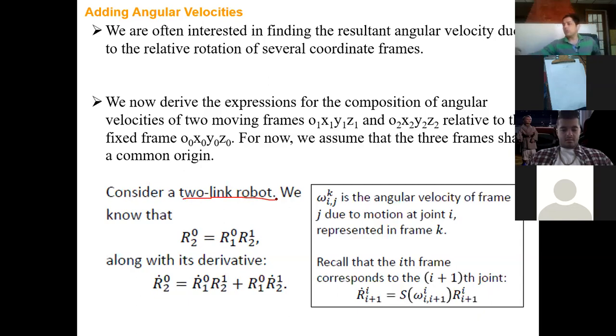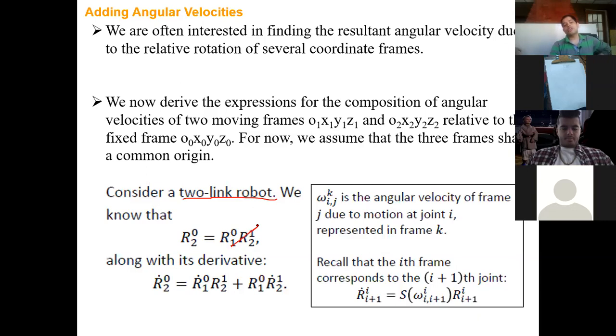For the two-link robot, what is the rotation matrix? You have two links, that's why you have frames 0, 1, and 2. How do you write the rotation matrix for the two-link robot? Just like the chain rule, see that 1 and 1 cancel.